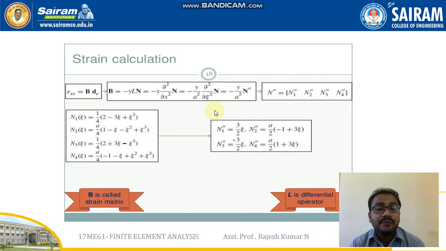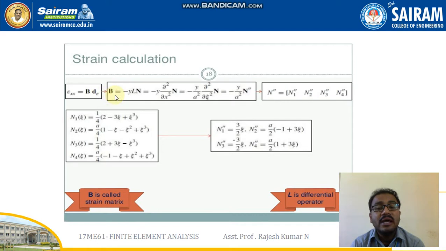So the next slide is where we will be discussing the strain calculations. This is also a part of the beam introduction, because in most of the problems we will also be calculating the strain. So for that, the equation is given as: strain is always defined by the symbol epsilon in the xx direction, which is nothing but B into d^e. So what is B?